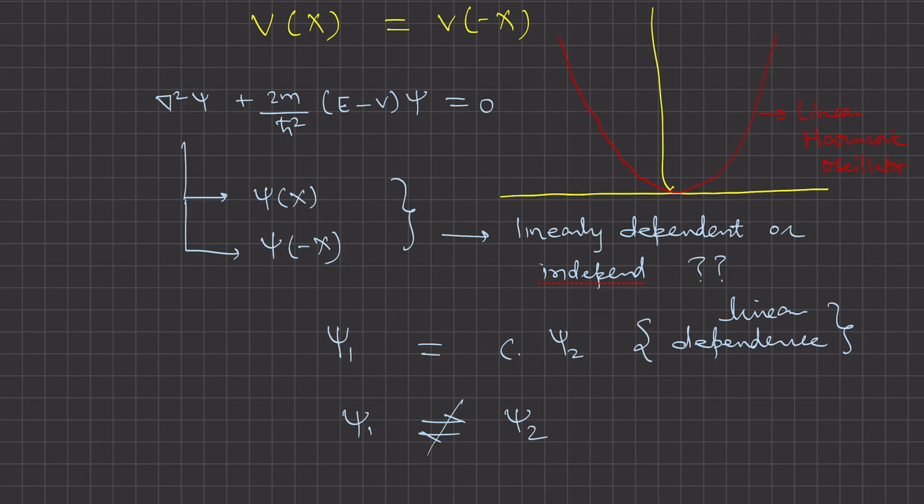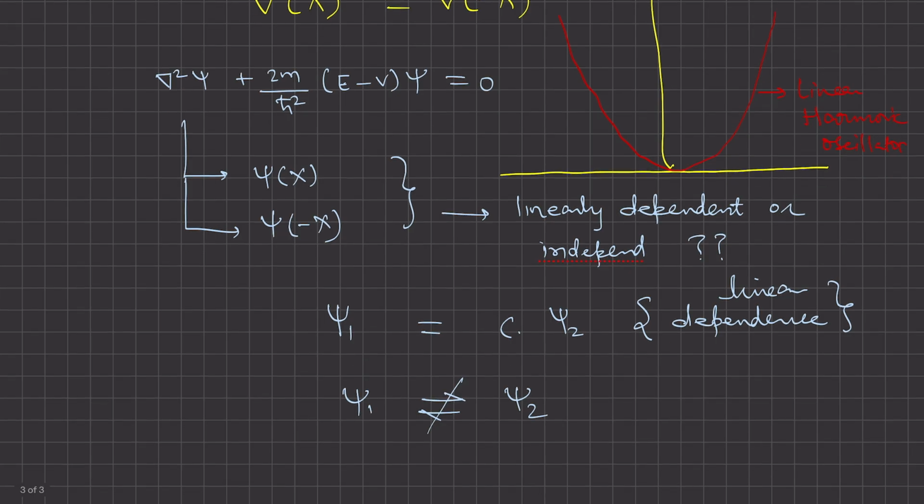Okay, so in the quantum state, or even in the simplest form, suppose you have the vector v1 and you have vector v2, and you know that vector v1 is some constant c times vector v2. Then that does not change the nature of the vector v2.